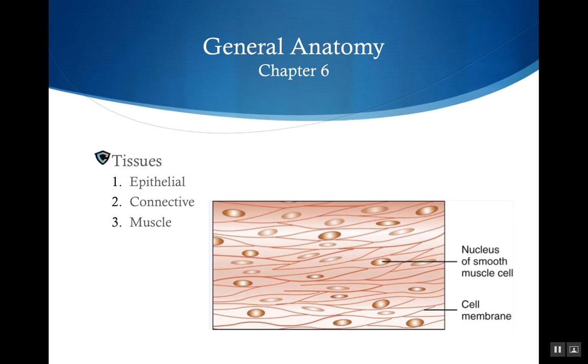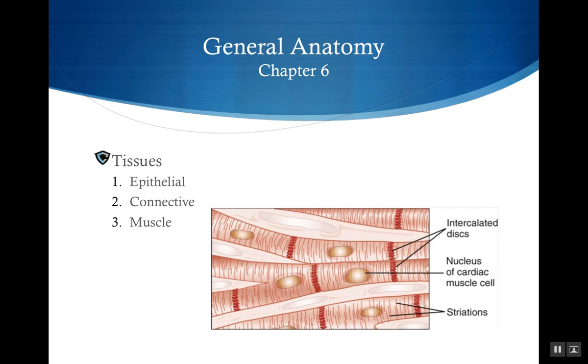Smooth muscle, on the other hand, lacks striations and is responsible for involuntary movement. So digestion and many of the internal organs have smooth muscle. The cardiac muscle also has striations like the skeletal muscle, but it makes up the walls of the heart and helps pump blood out of the heart to the rest of the body.